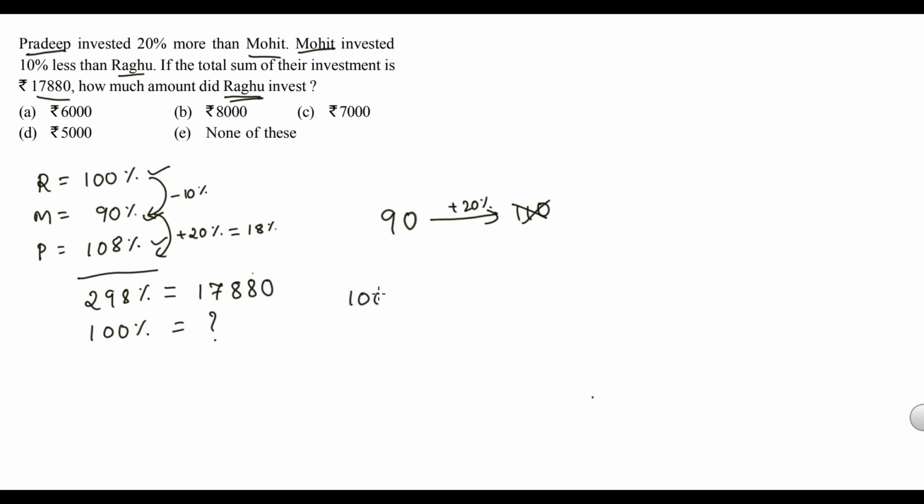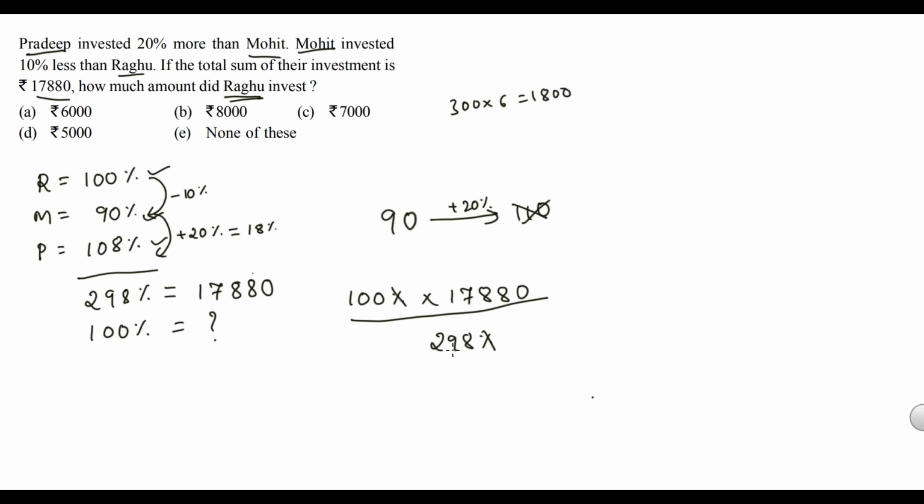So 100% into 17,880 divided by 298%. Percentage we can cancel. So 298 and 17,880. If I consider it as 300, we know 6 times 300 is 1800.